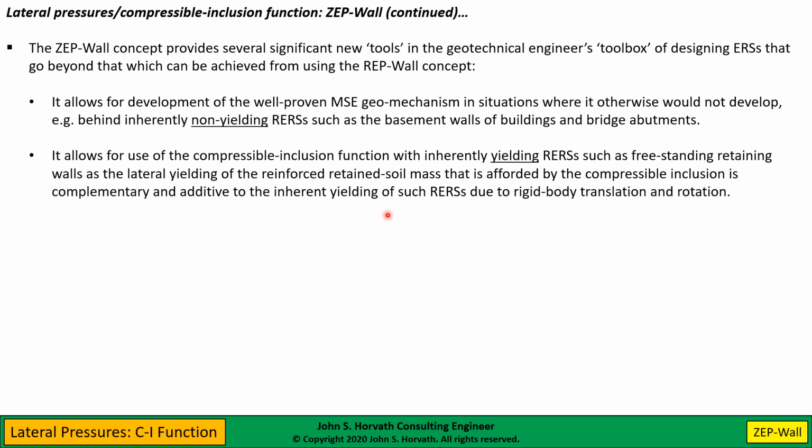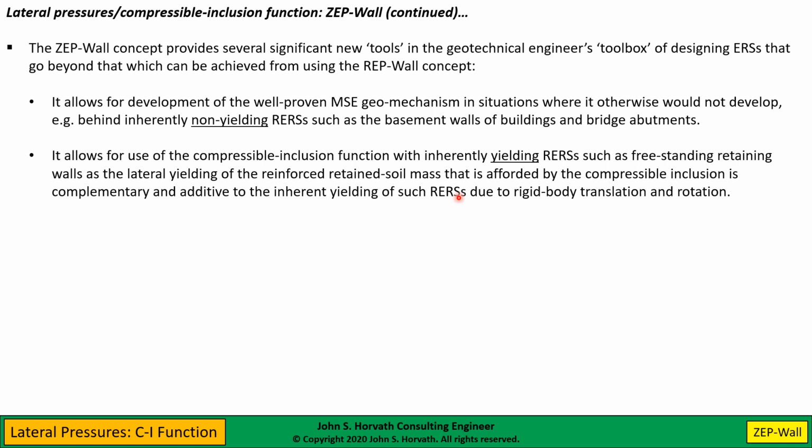We can also use the ZEP wall concept with inherently yielding rigid earth retaining structures. So if we had a classical freestanding retaining wall, well, we know this wall is going to tend to slide a little bit, rotate a bit under earth forces, and develop the active earth force.